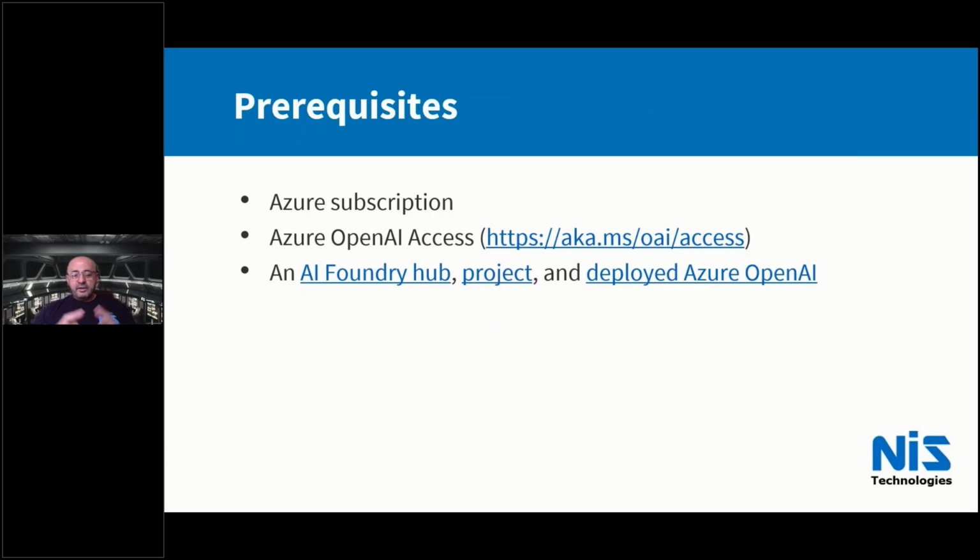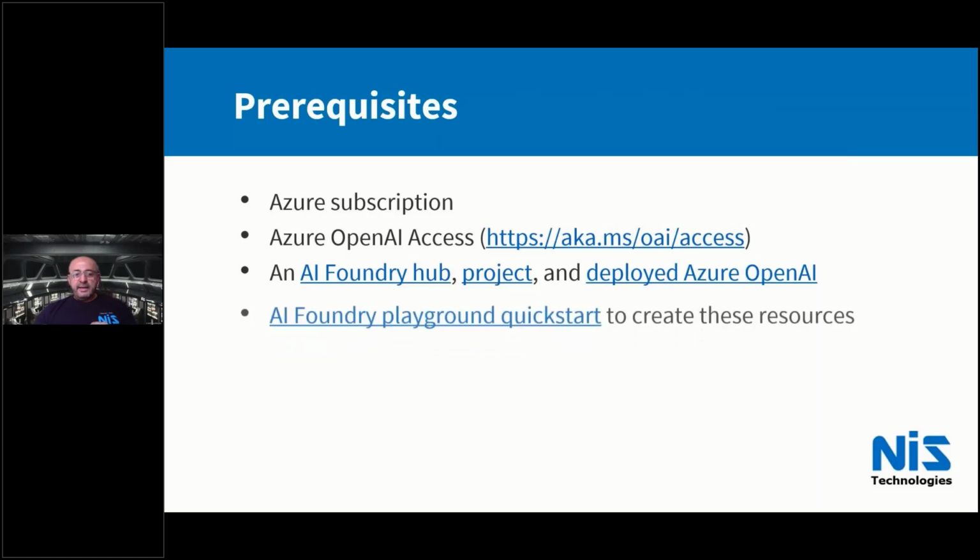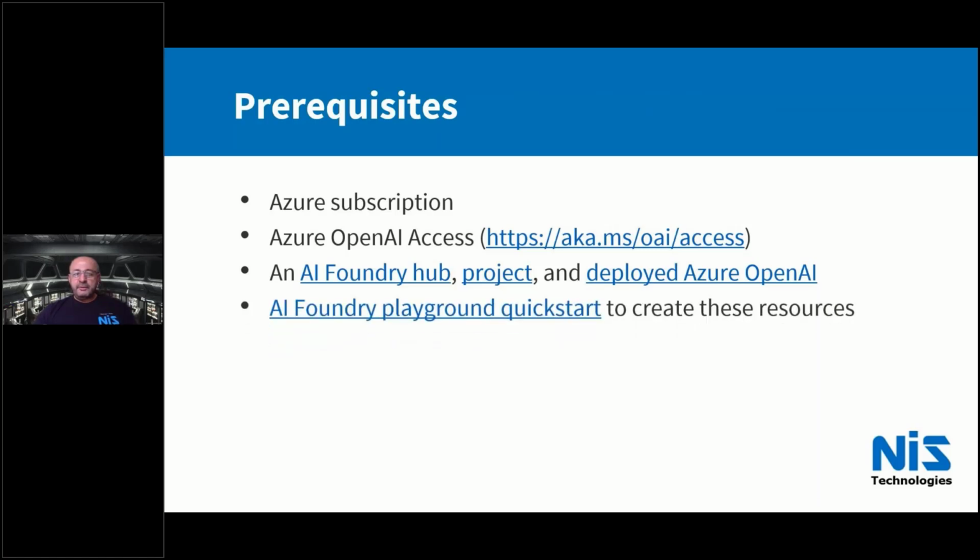Once that's all set up, I need to set up a hub and a project and then deploy an Azure OpenAI service. I can then follow the AI Foundry Playground Quick Start, and playgrounds are essentially sandboxes where, just as the name suggests, I can play around and experiment with my model to see if I'm getting the results that I'm expecting.